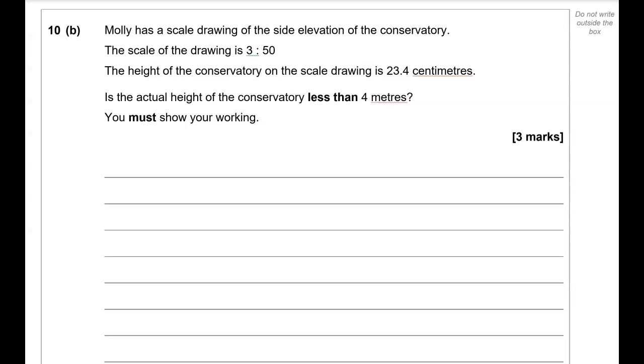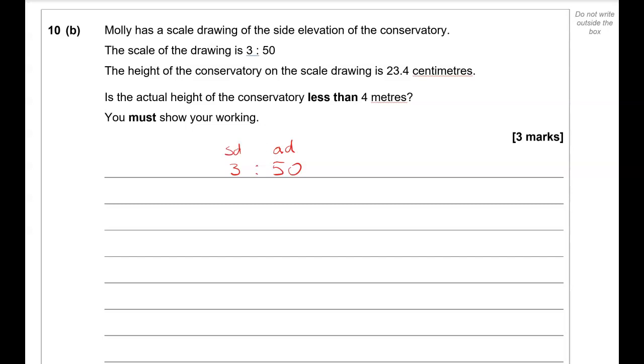So first of all, the scale is 3:50. So 3 is on the scale drawing, and actual dimensions are represented by 50.